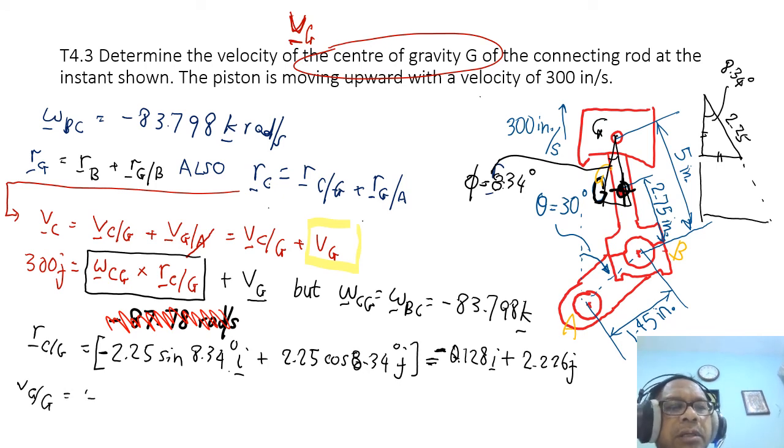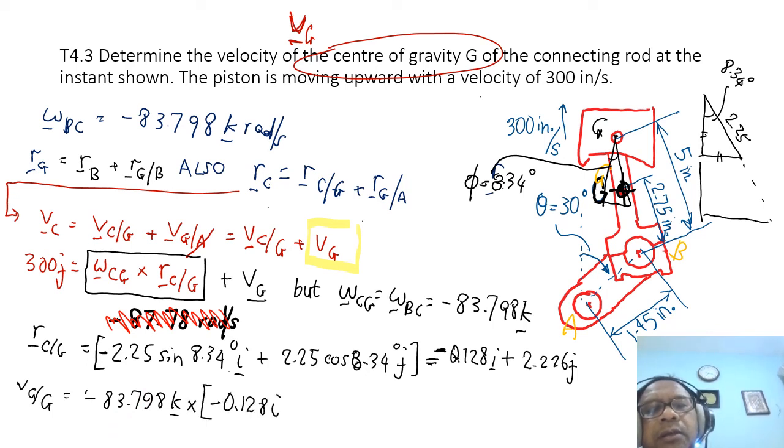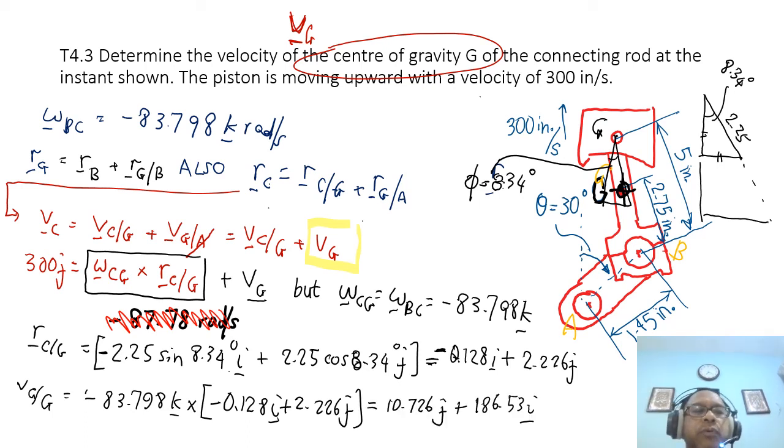Omega CG we know is minus 83.798 K, cross the position vector minus 0.128 I plus 2.226 J. K cross J is minus I, so we get positive I, 186.53 I, and 10.726 J. That is the velocity of C relative to G.